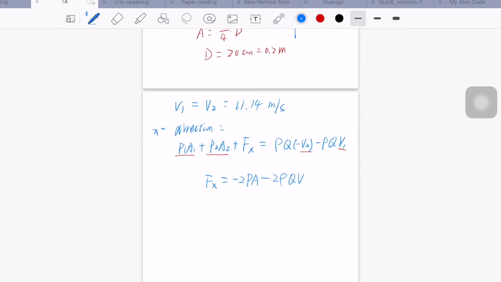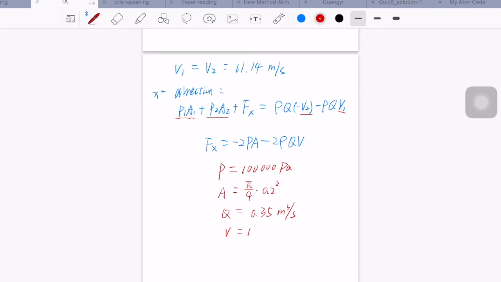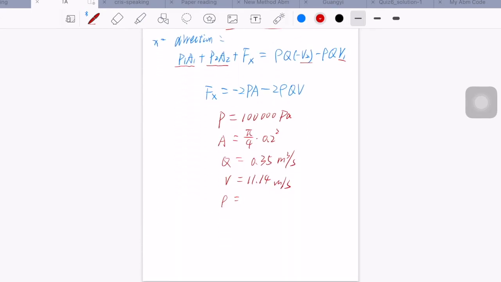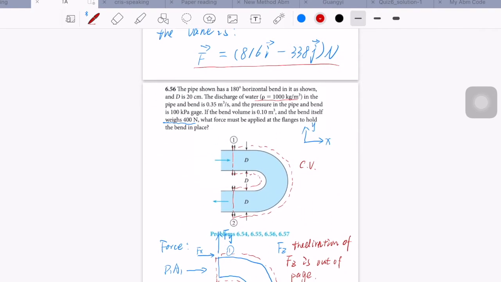And from the problem, we know that P equals 100 kilopascal, and A equals pi over 4 times 0.2 squared, and Q equals 0.35 cubic meters per second, and we know V equals 11.14 meters per second, and rho, the density of water, is 1,000 kilograms per cubic meter.